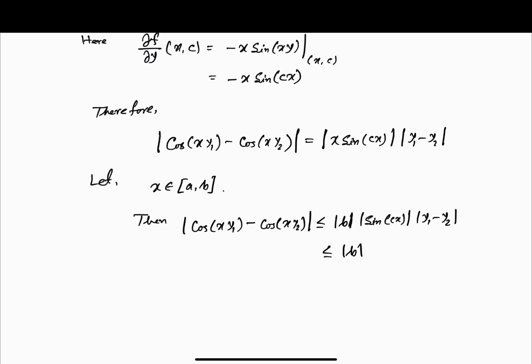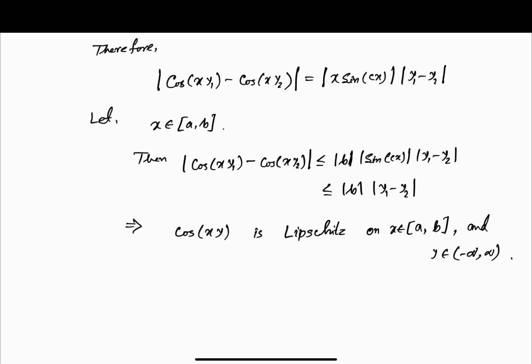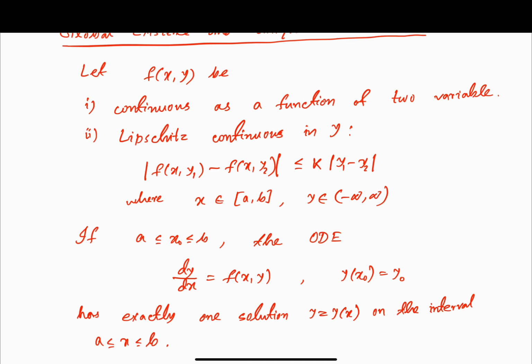So this is less than mod b times mod y1 minus y2, which implies cos of xy is Lipschitz on AB, and y is in the whole real line, for x belonging to AB. Therefore we have satisfied conditions 1 and 2 for this theorem.